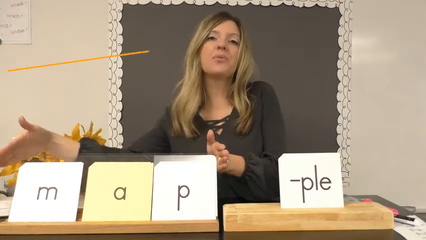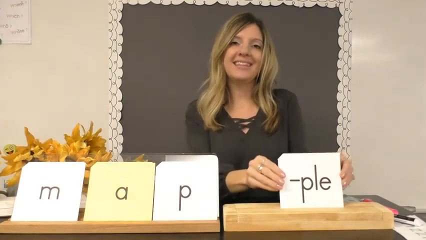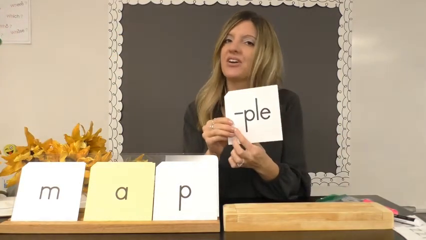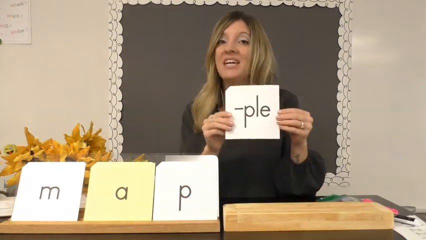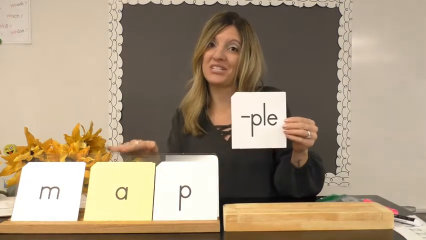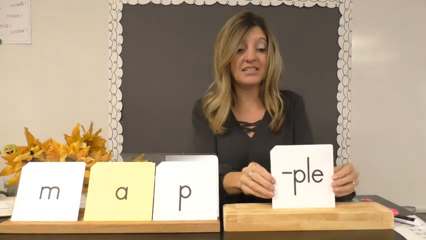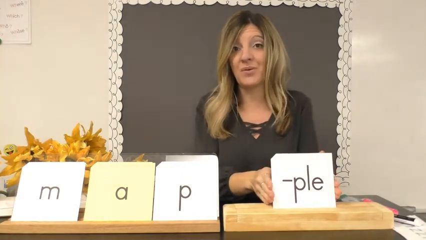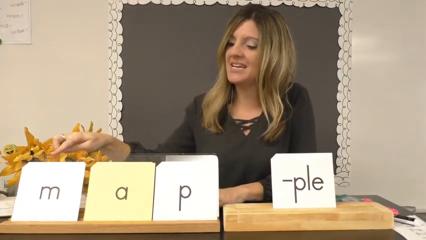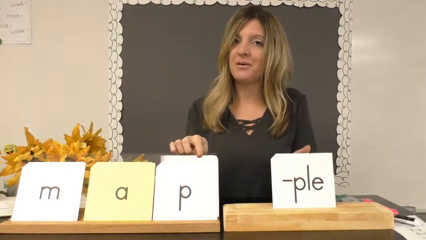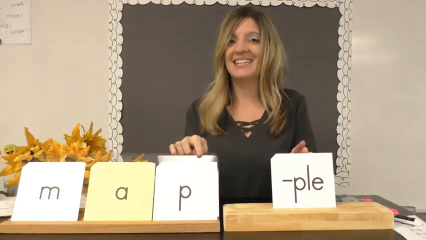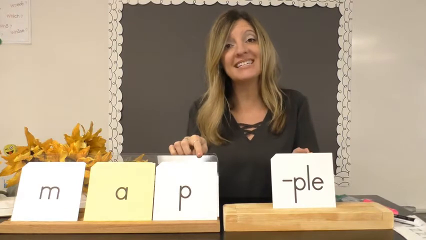And we have to be really careful that we know that this P is part of the consonant LE and we can't use it in the first syllable. This is a stable syllable that stands all alone. So this word is map, pull. P-L-E says pull, like staple.